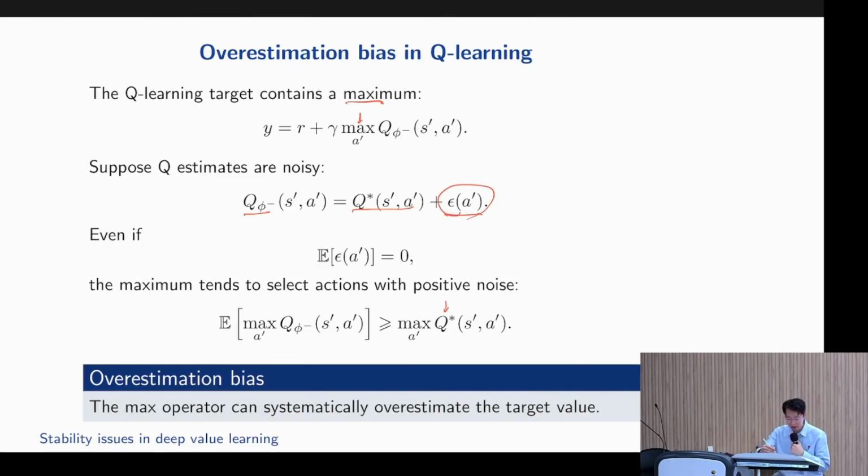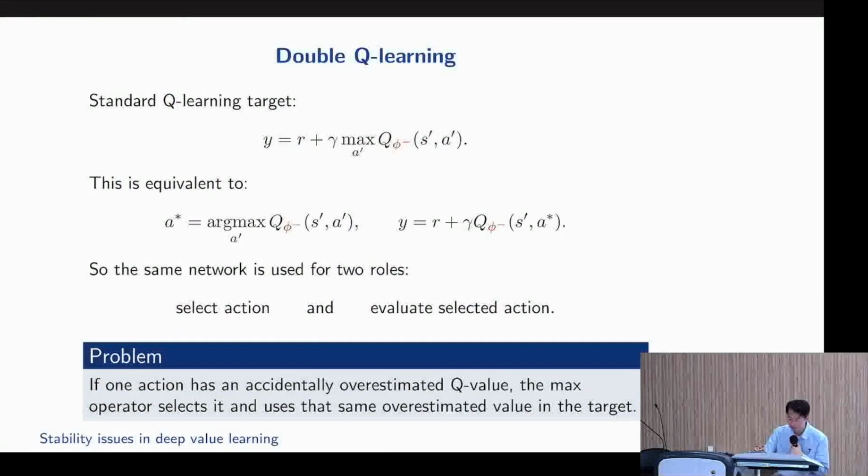So your max operator inside the target can overestimate the Q values. The way it's set up, it can systematically overestimate the target value. So that's another well-known problem.